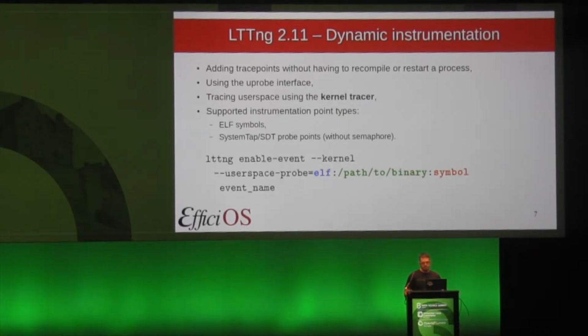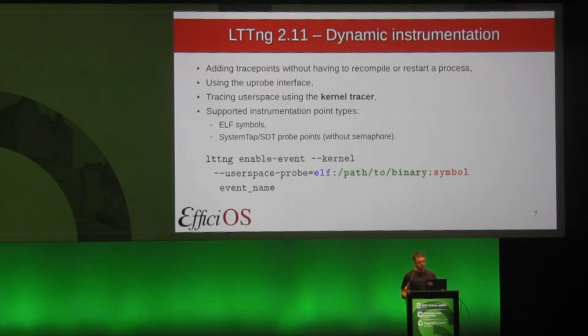The way we're integrating that is so that it's going to write into the LTTng modules ring buffer. So the kernel tracer is going to store the trace data that is generated from the uprobe instrumentation.